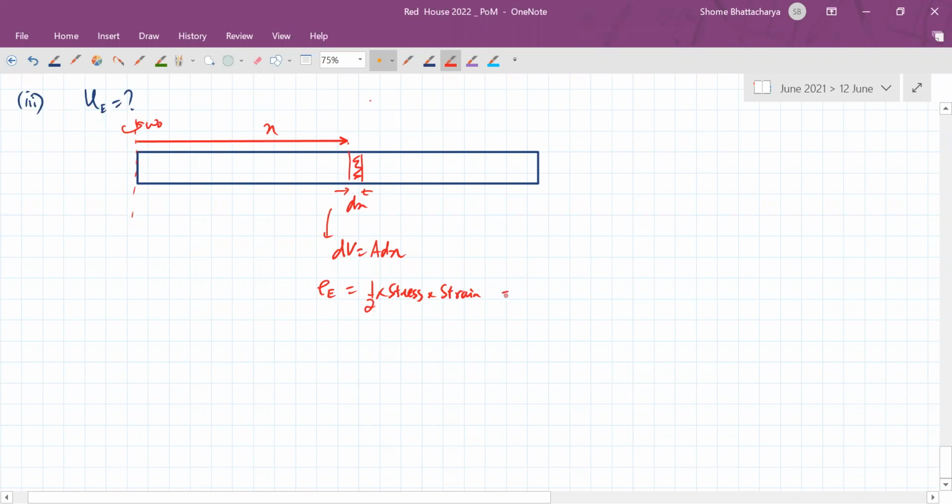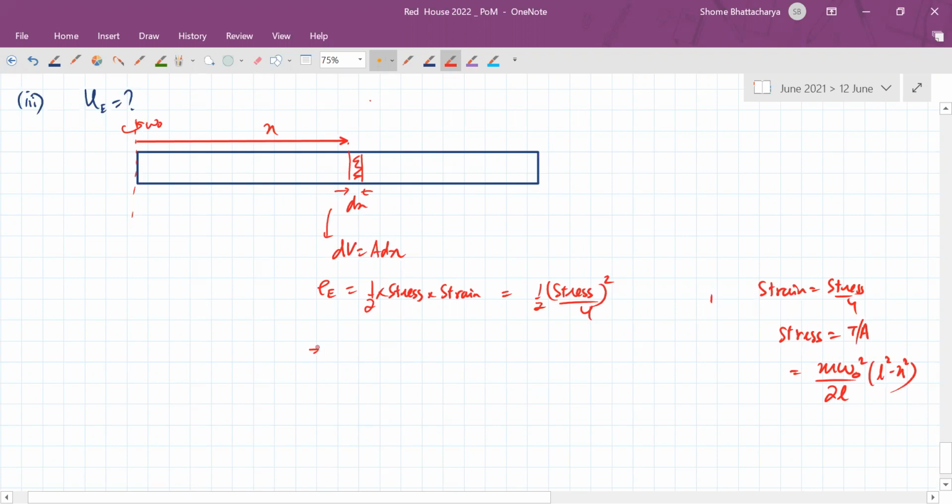which we can also write as half into stress square upon Young's modulus, because strain is equal to stress upon Young's modulus. So the stress, remember, was T by A, so it was m omega square by 2L into L square minus x square, this formula.